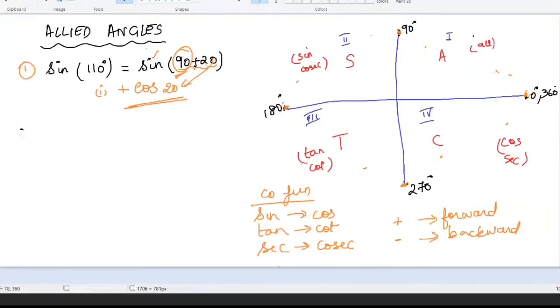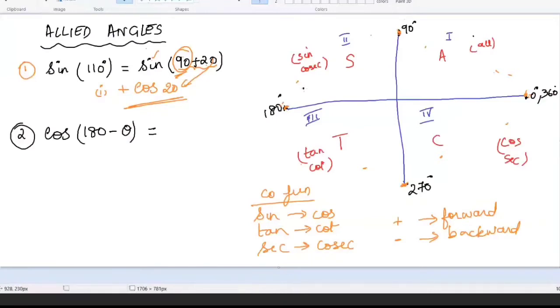Now let us go to the second one. Let me take one question with cos: cos of 180 minus theta. Let me explain in general. Follow the two steps clearly. First step, 180 minus, which quadrant? 180 is here. Plus means I'm moving forward, minus means reverse.